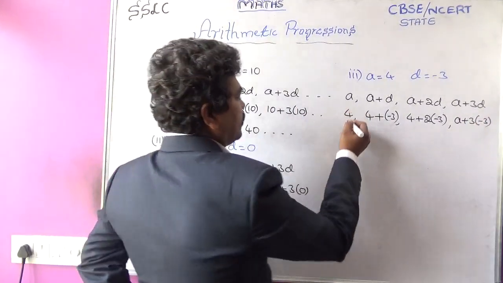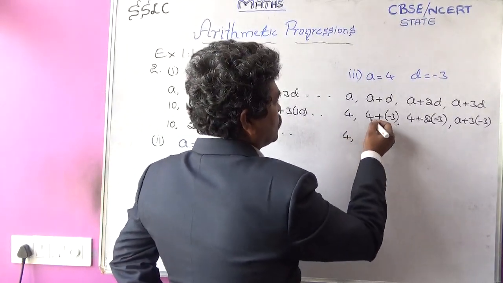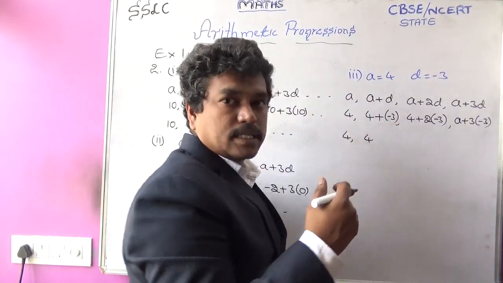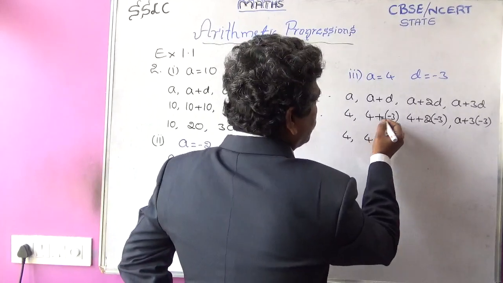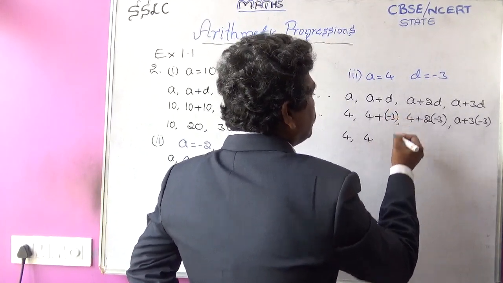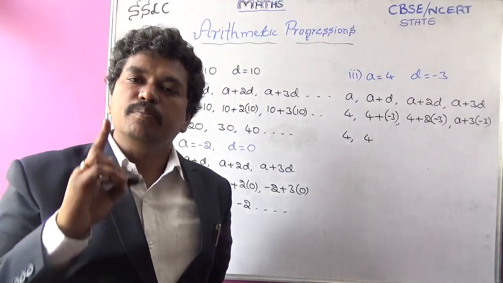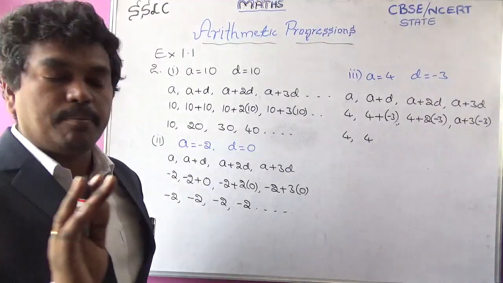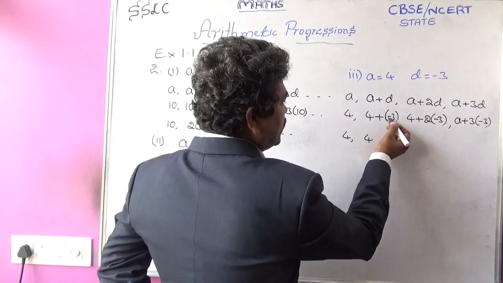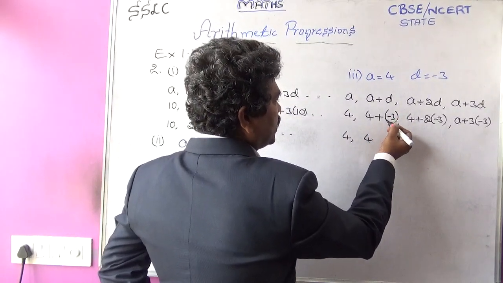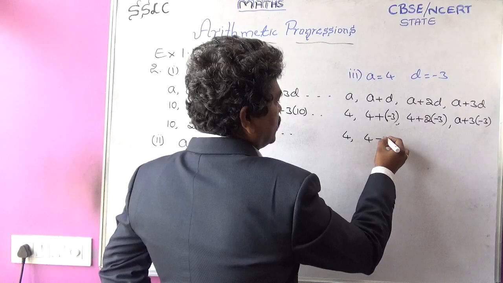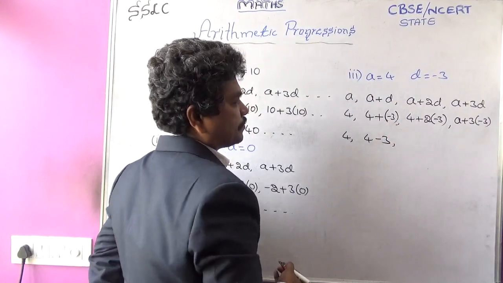So students, when you take the first term as 4, you take the next step also. Here plus into minus: the bracket indicates a multiplication symbol. You have to multiply the symbols only, not the numbers. So there is a multiplication symbol between the symbols. Plus into minus gives you -3.